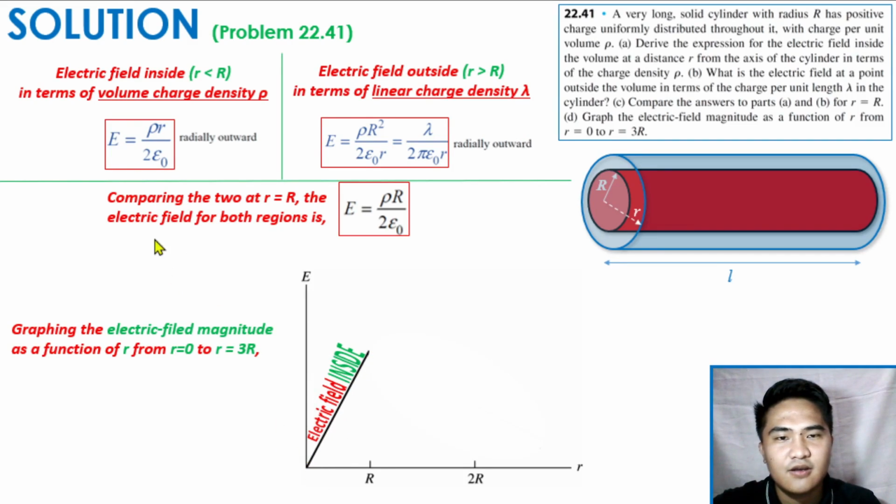So as the radius increases, the electric field increases proportionally. For the electric field outside, small r is inversely proportional to the electric field, giving us this line. So as r increases, the E decreases.